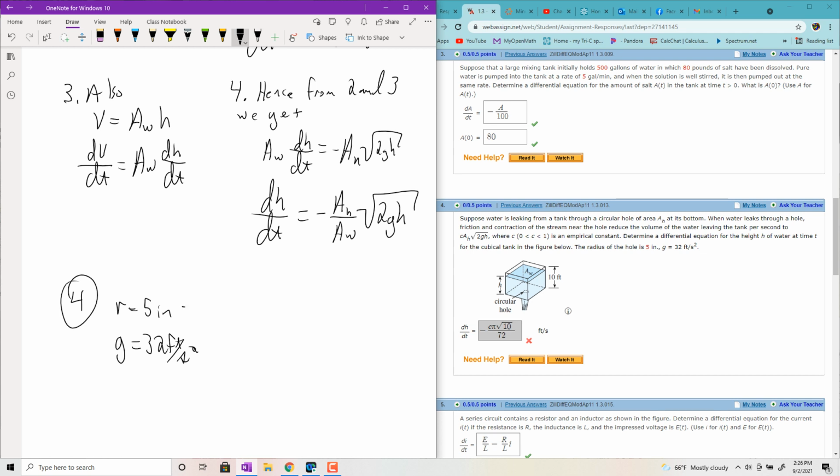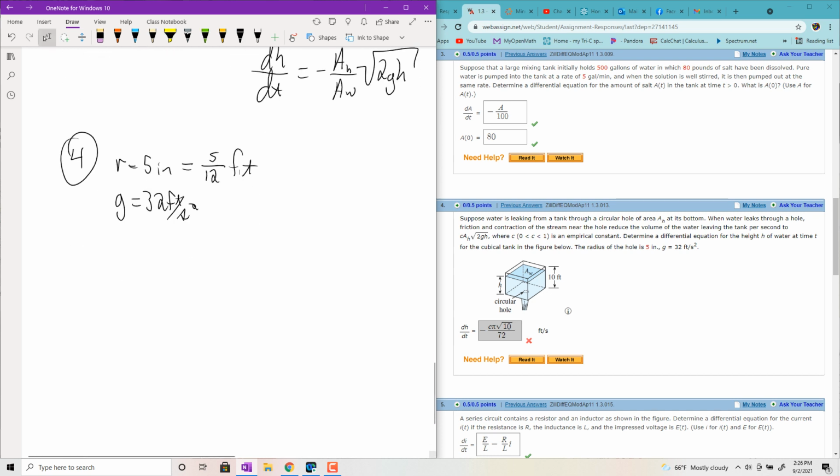Okay, so when you're working with this radius, be very careful. You want that in terms of feet. So you're going to have to turn that into 5/12 feet in order to use it in your formula. Okay, so that's why I got it wrong when I did it. Okay, so I'll leave that problem to you. I think you could do that.